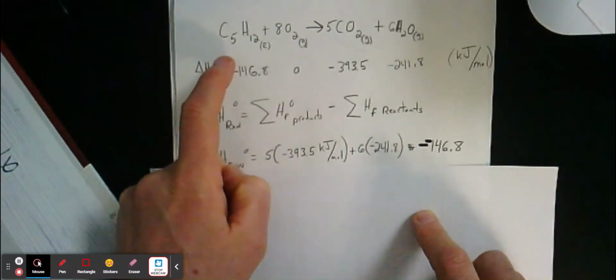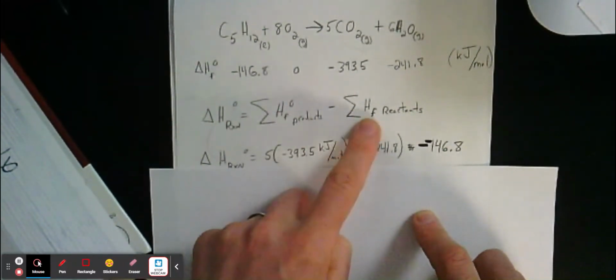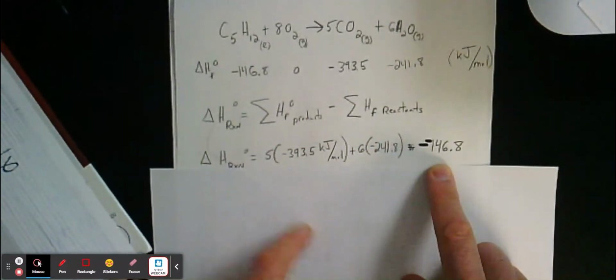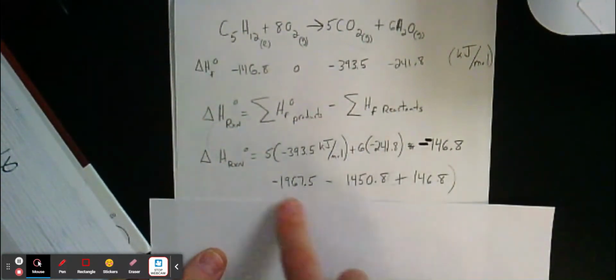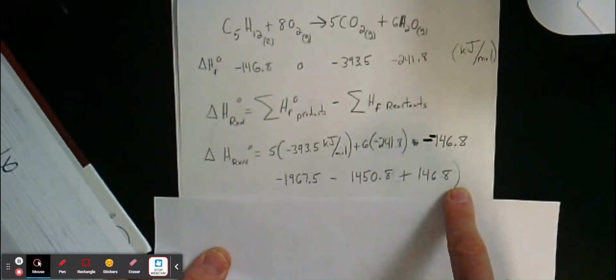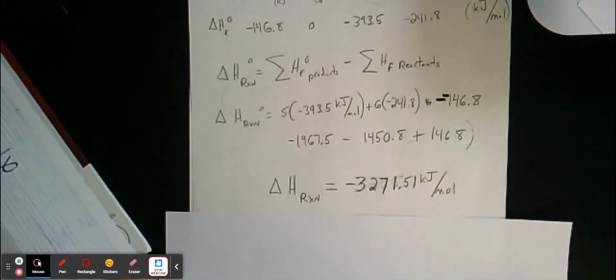And that's my reactant, and I subtract the reactants. All right. Therefore, this should be a negative number. I get these two products, and I get that. Add it all up, and that's what I get for my enthalpy of reaction.